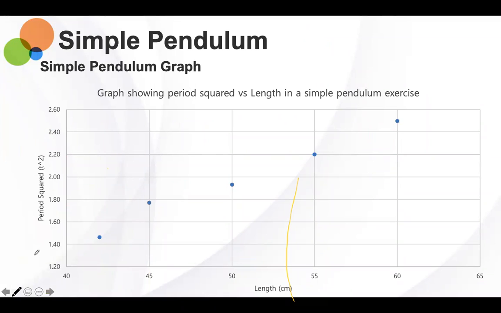So we draw a line now to connect all these points. Not all of them will be on the line, but you should use a ruler. I don't have a ruler on this, but you can use your ruler. You should try and get your points on the line as best as possible. Not all of them will be on the line, but you want to get them the same distance away from each other.